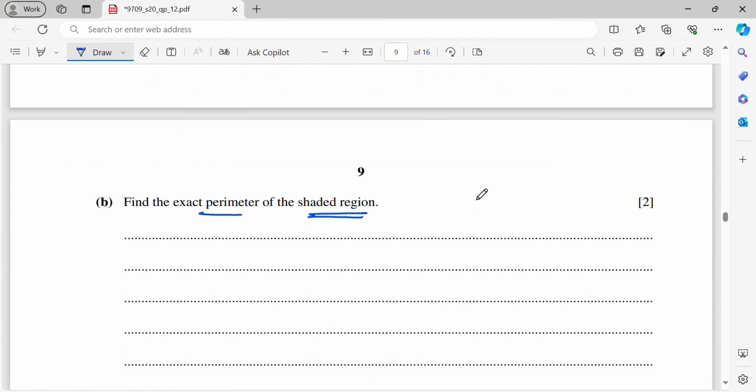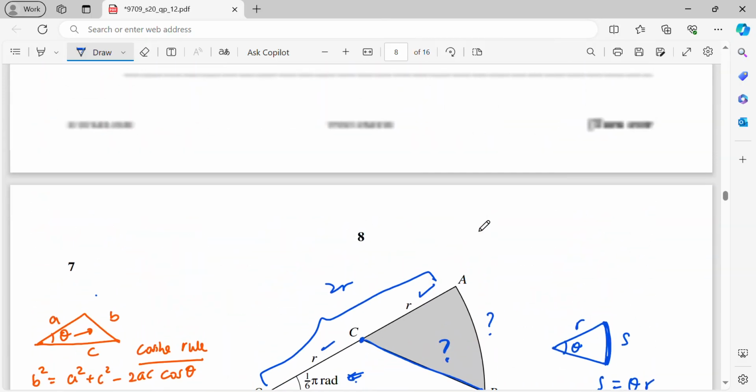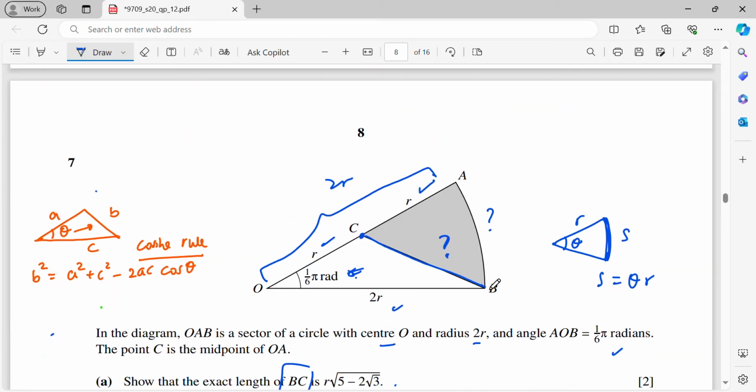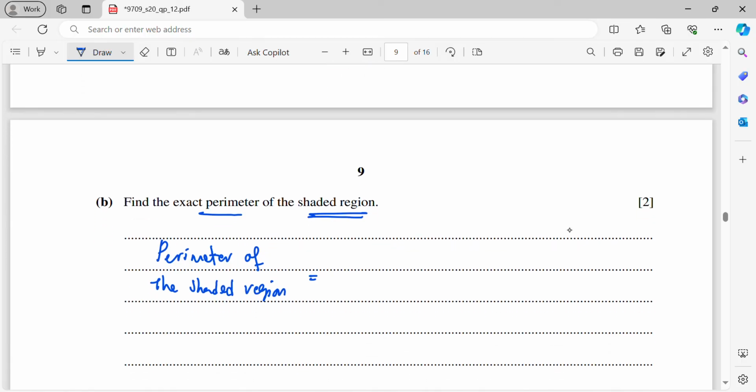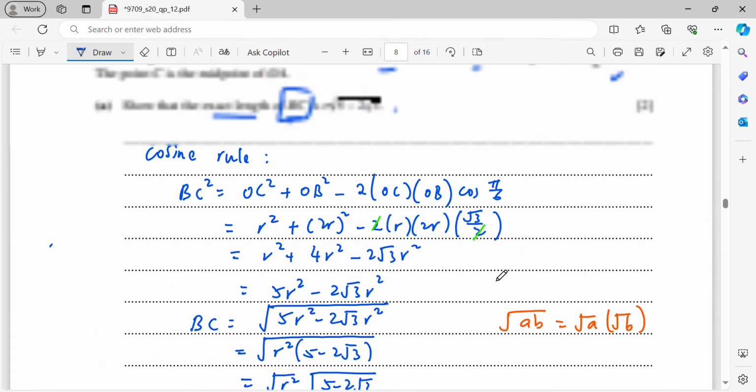Okay, so from here, I will just write perimeter of the shaded region equals to CA plus CB plus arc length of AB. So CA plus CB plus arc length of sector AOB.